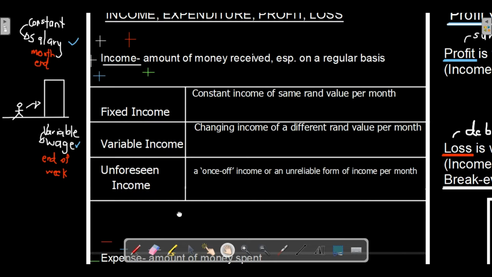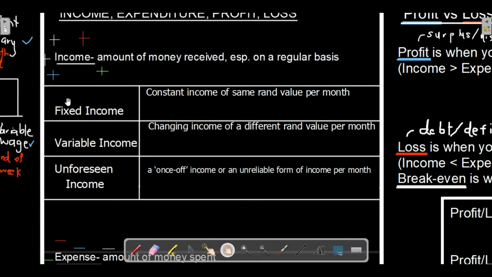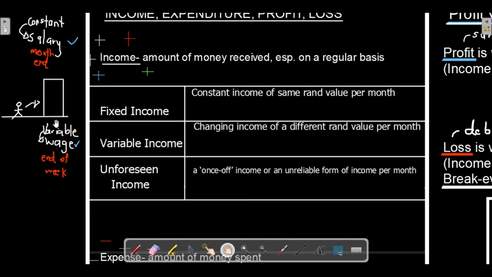Now, when it comes to fixed income, as I was saying, you are an employee and you get paid a salary each and every month. Let's say it's 5,000. Each and every month you are going to get paid the same 5,000. That is your income. Because this 5,000 rands is constant, it's fixed.